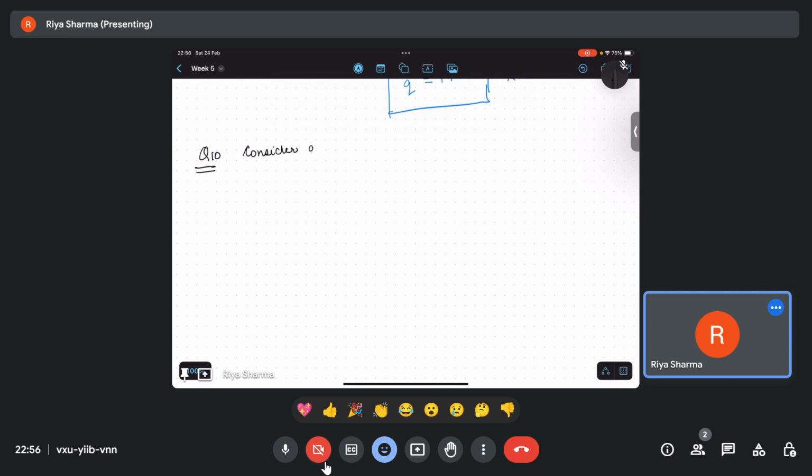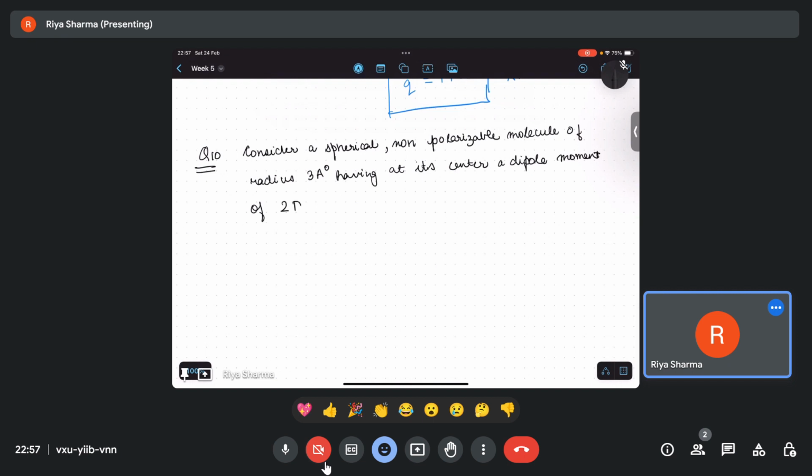Consider a spherical, non-polarizable molecule of radius 3 angstrom, having at its center a dipole moment of 2 Debye.